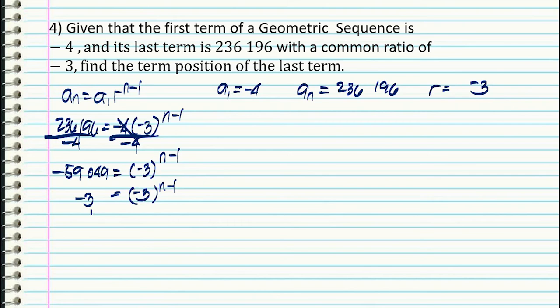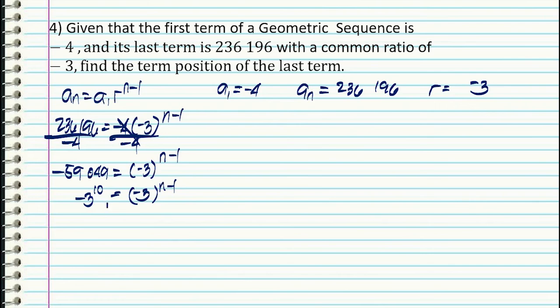So we have to think of the power of 3. What is the exponent of 3 to make it 59,049? That's actually exponent 10. So 3 raised to the 10th power is 59,049. Then attach the negative, and you will have negative 59,049.